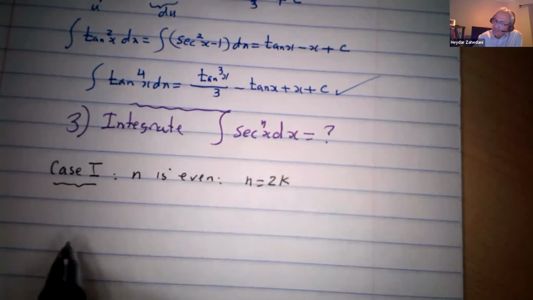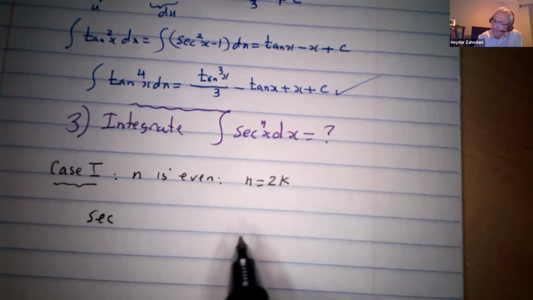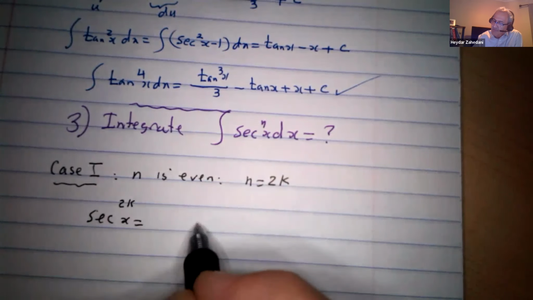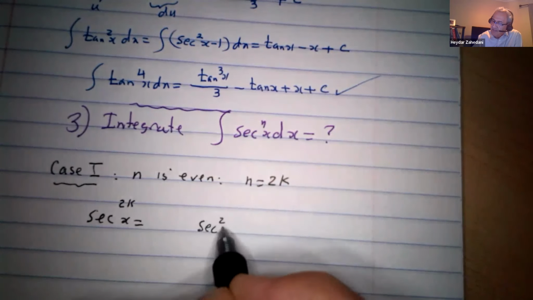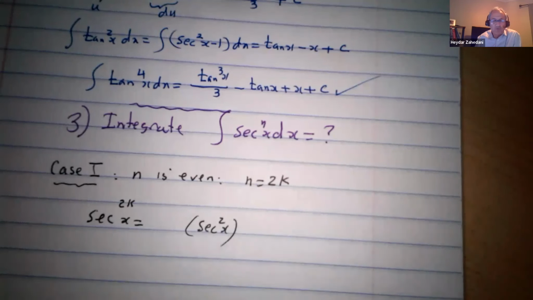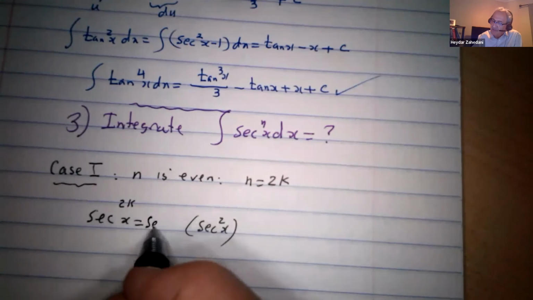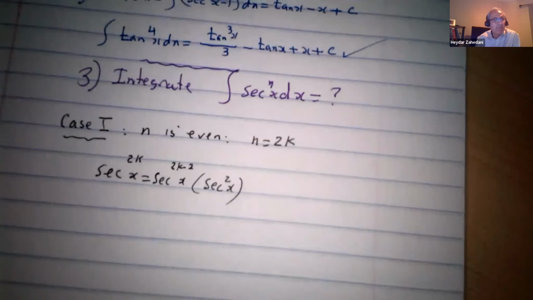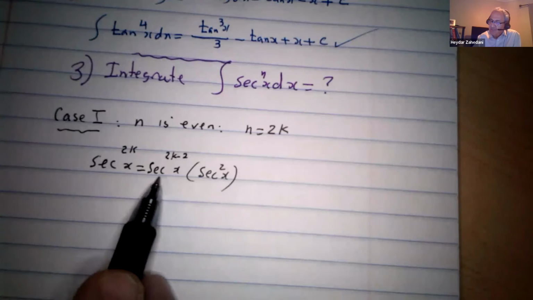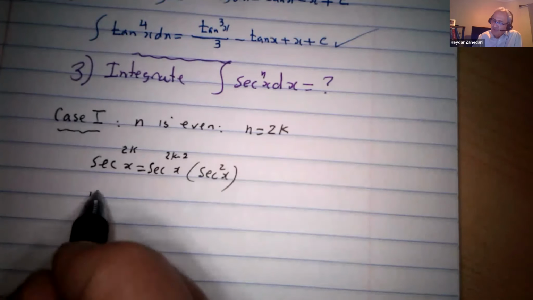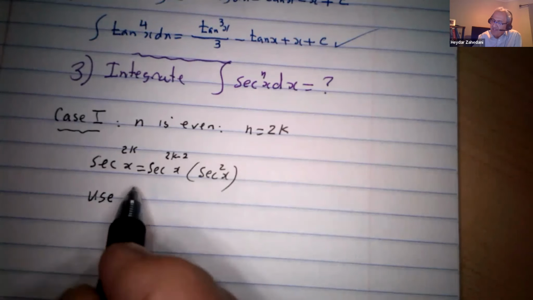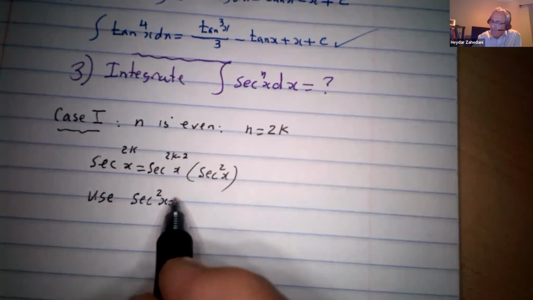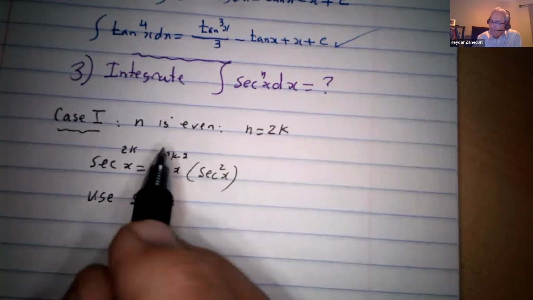Let me show you. You see, this is the case if you have the even power. So what we can do is, you pull out one secant squared, you keep this one for u prime. So what's going to be the leftover? Leftover is also even power again, because 2k minus 2 is even. So you are going to change this one into the tangent. Use the fact that the secant square of x is equal to what? 1 plus tangent square.